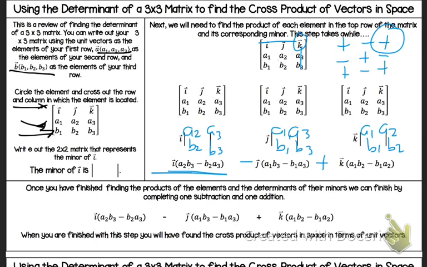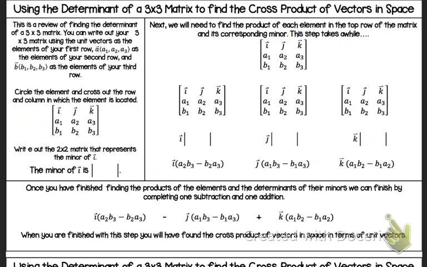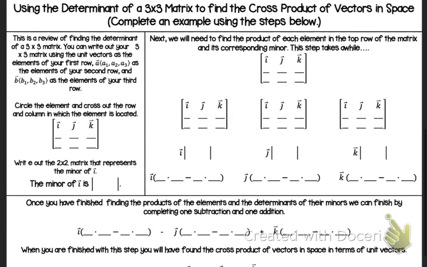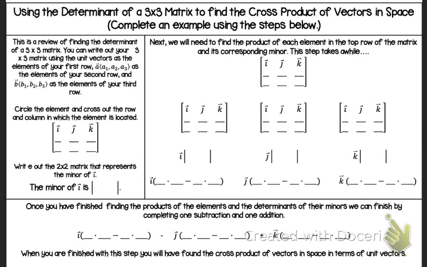Okay, and then after you do that, that should give you your vector. Now a cross product gives you, so let's say we have two vectors that look like this and this.